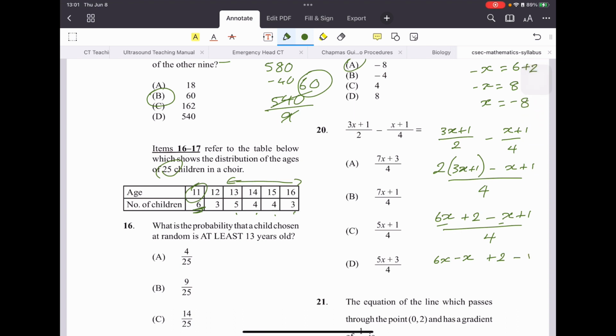So remember, we actually have a minus sign in front of the whole x plus 1, right? So this is minus x and then minus 1 as well. So this is going to be 5x minus 1. Sorry, plus 1. That was a mistake on my part. All over 4, and that's going to be C.